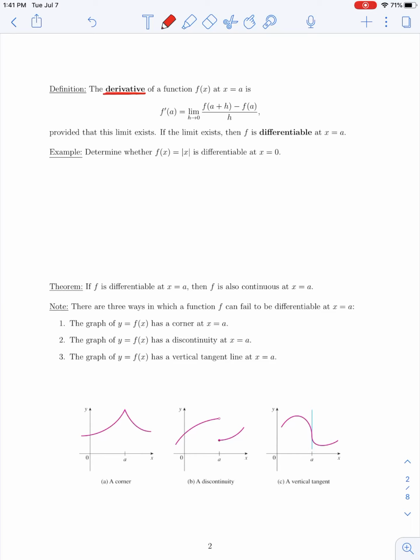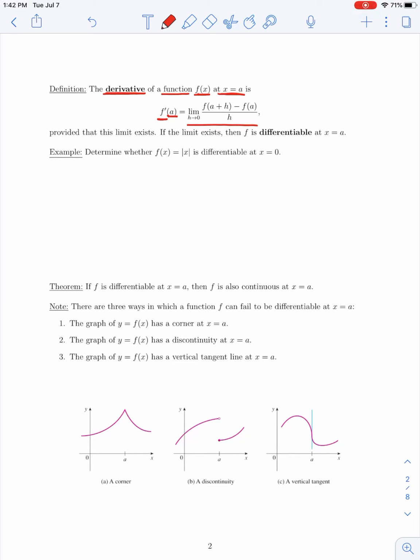We would say the derivative of a function f of x at x equals a is this limit as h approaches 0 of f of a plus h minus f of a all over h, and this limit is denoted as follows. The derivative of a function f of x at x equals a is denoted as f prime. So it's f with a little apostrophe by it, and this is called f prime, and we're evaluating it at x equals a.